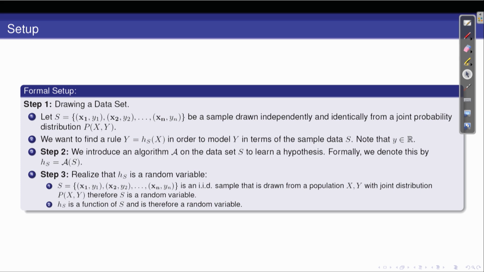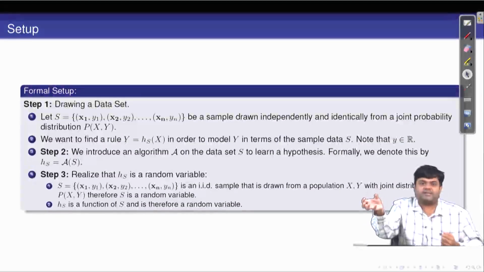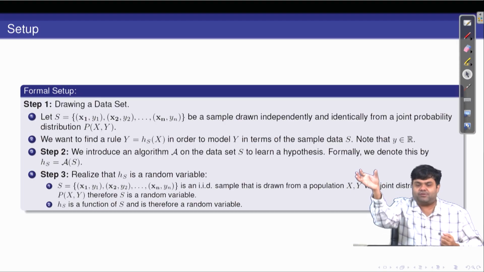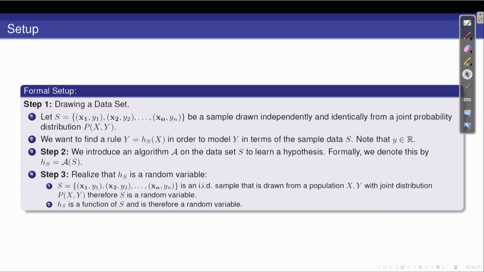It can be piecewise, like if the values of x belong to this group, y will be expressible by this formula. If values of x belong to that group, then y will be expressible using some other formula. This kind of thing is also allowed, but nevertheless it's a process through which this h_S is decided.